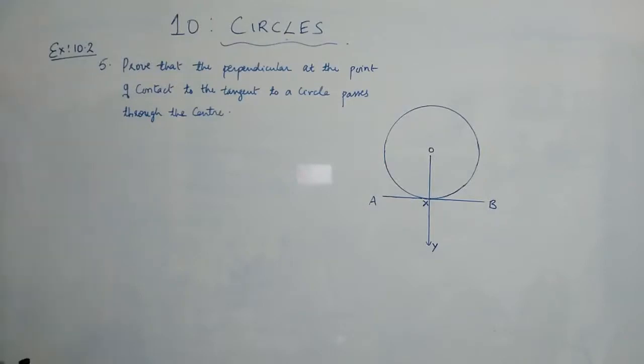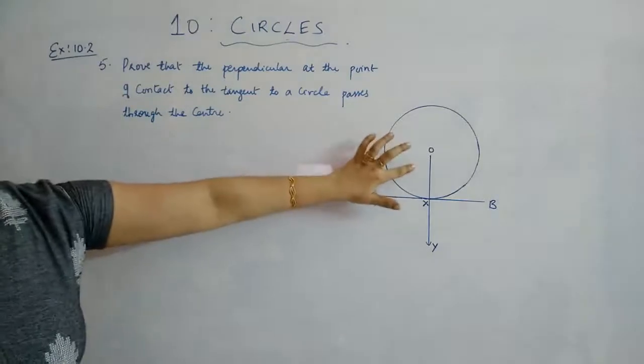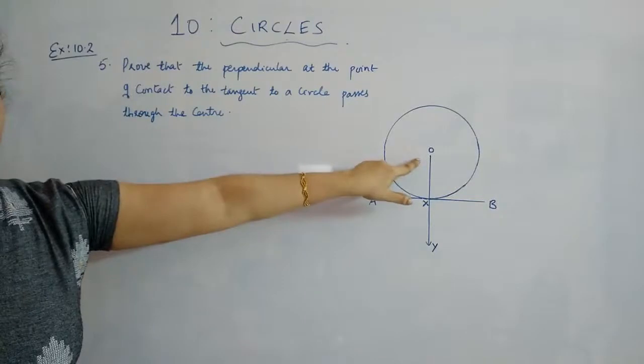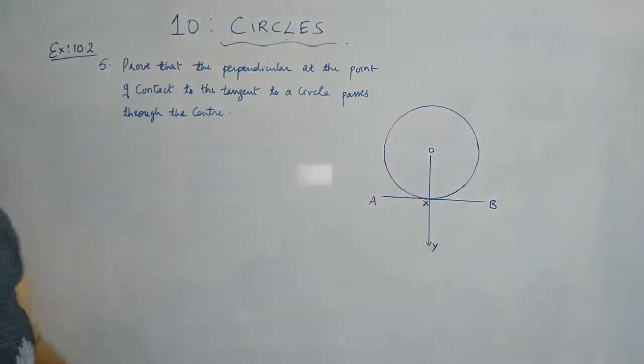Question 5 is, prove that the perpendicular at the point of contact to the tangent to a circle passes through the center. That means we are taking a circle. This is the center O. Taking a tangent, the radius and the tangent will meet at the point of contact.